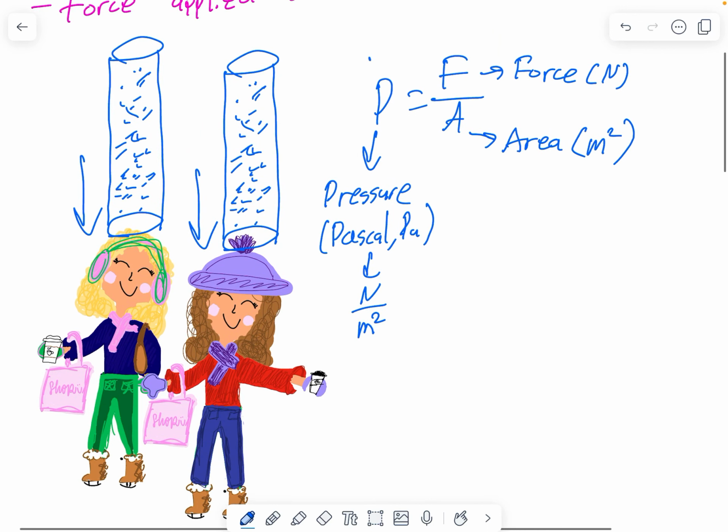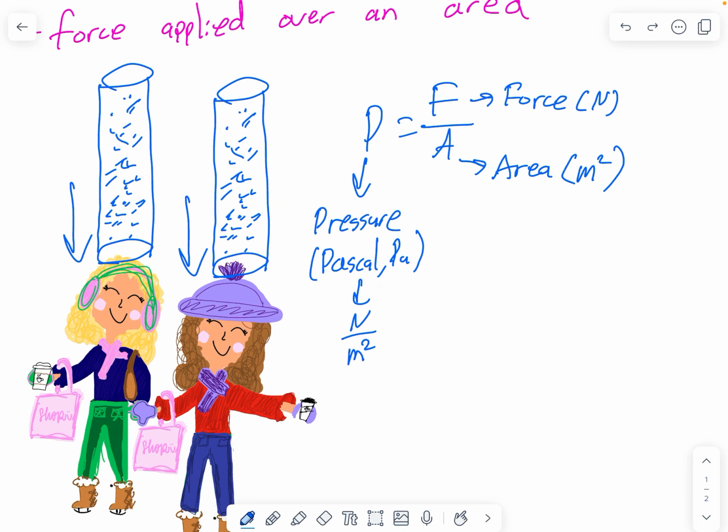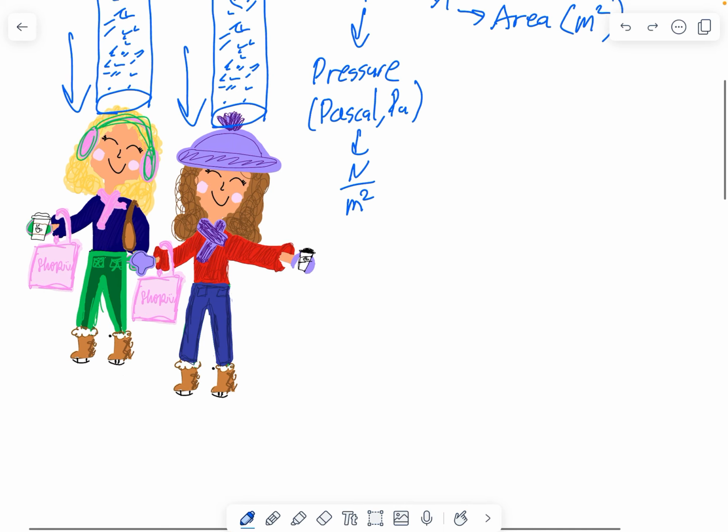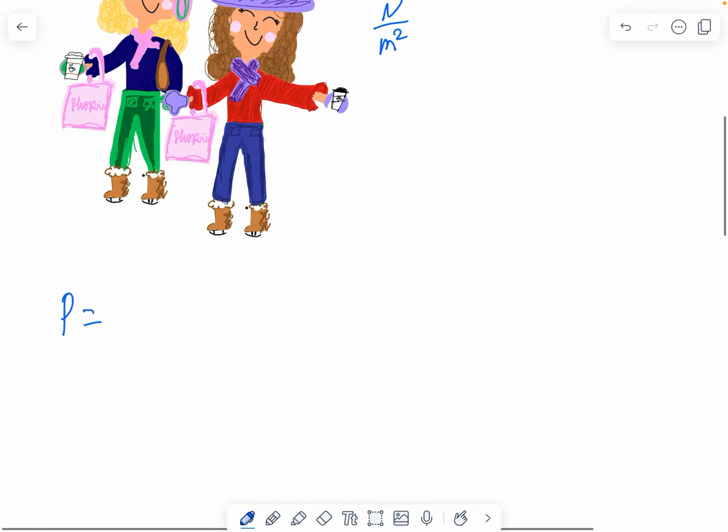Okay, so there's the general formula for pressure. But if we're calculating the pressure for a fluid, then there's another equation that comes from this one that's more helpful because it's hard to measure the force and area of your fluid. So I'm going to rewrite this equation and then show you how we get the other one that's on your formula chart.